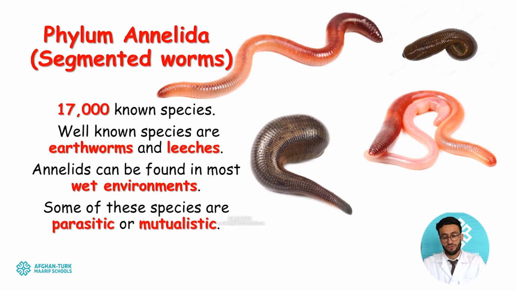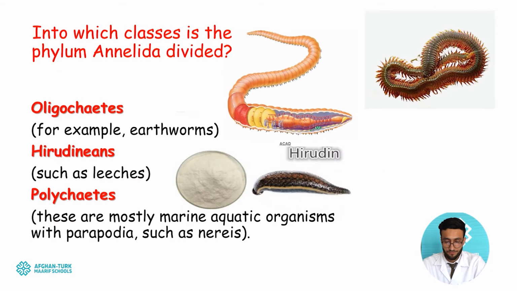Some of these species are parasitic and some are mutualistic. It means some of these animals cause diseases, but other animals live in a mutualistic ecological niche that helps the habitat itself.